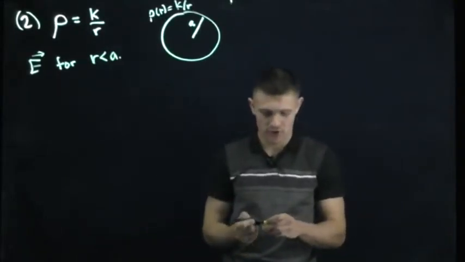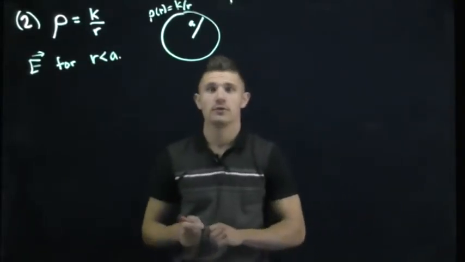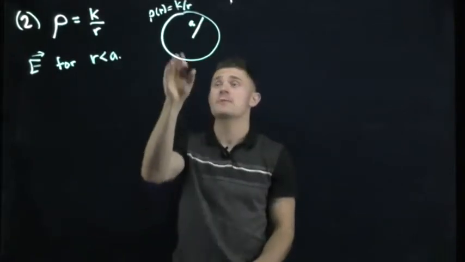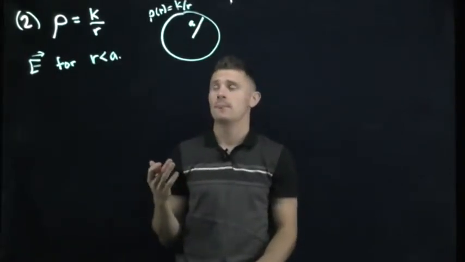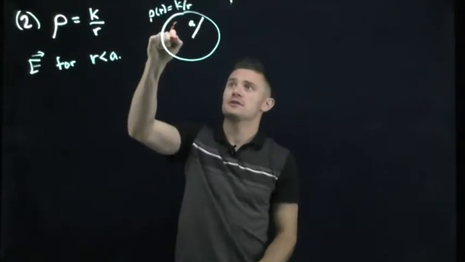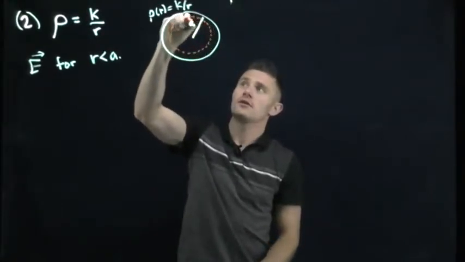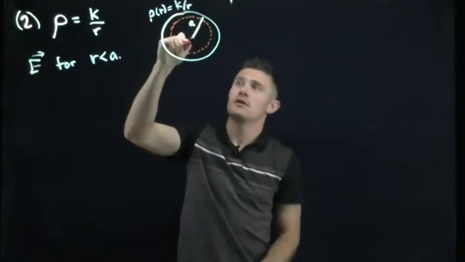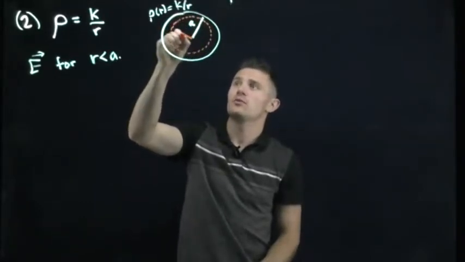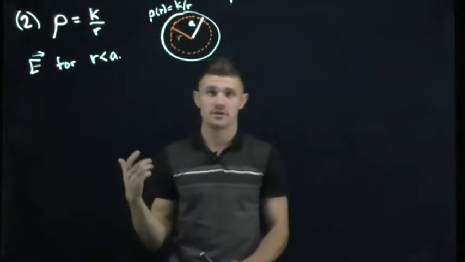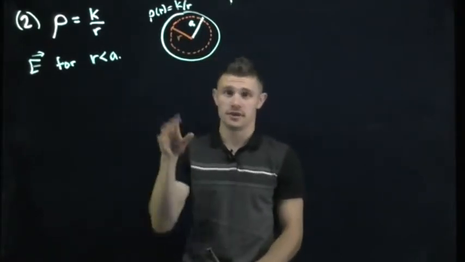If you've been watching the videos on Gauss's law, you can remember that because of the spherical symmetry of our charge here, we can use a Gaussian surface centered at the same center of our charge distribution with a radius of little r. And this will allow us to use Gauss's law to find the electric field in this region.